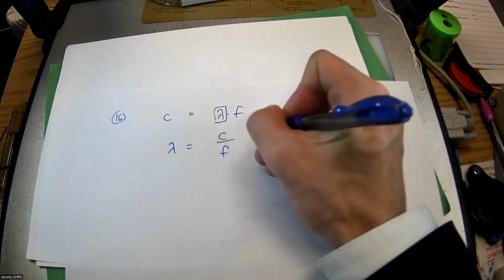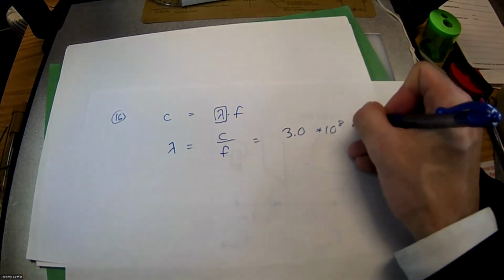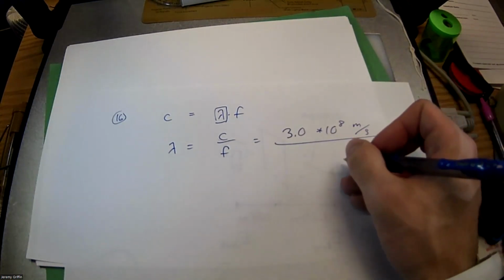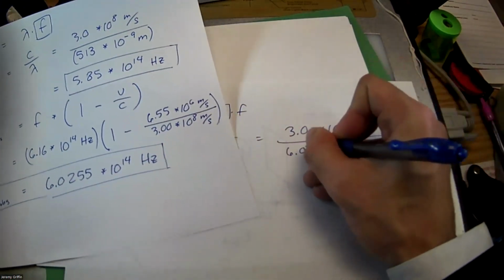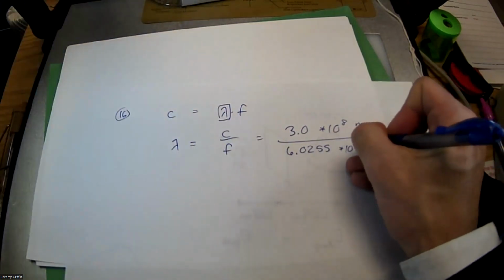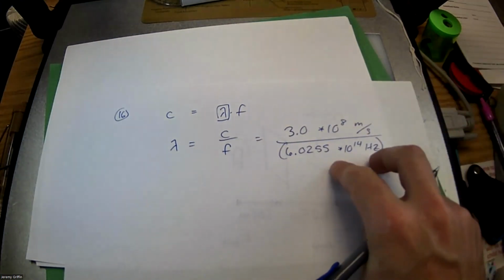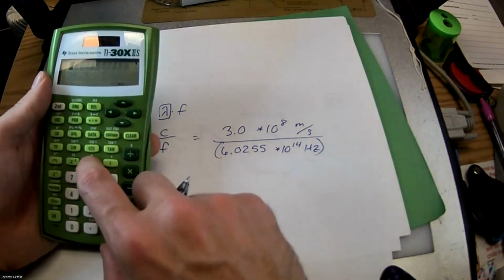So maybe this is a fast way to do it. 3.0 times 10 to the 8 meters per second, and the observed frequency, the answer to the last question, 6.0255 times 10 to the 14 hertz. That's why I saved these extra digits. Okay, let's try this out.